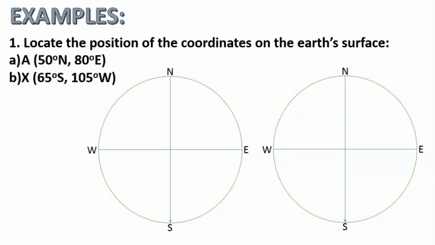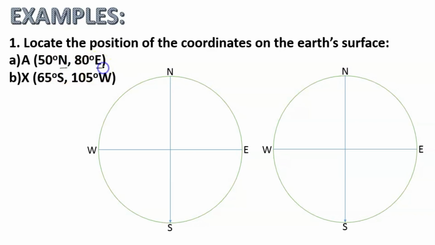Now, in this example, the question is: locate the position of the coordinates on the Earth's surface. We have a point A, which is 50 degrees north and 80 degrees east. From what we discussed earlier, when we see north, that's latitude.